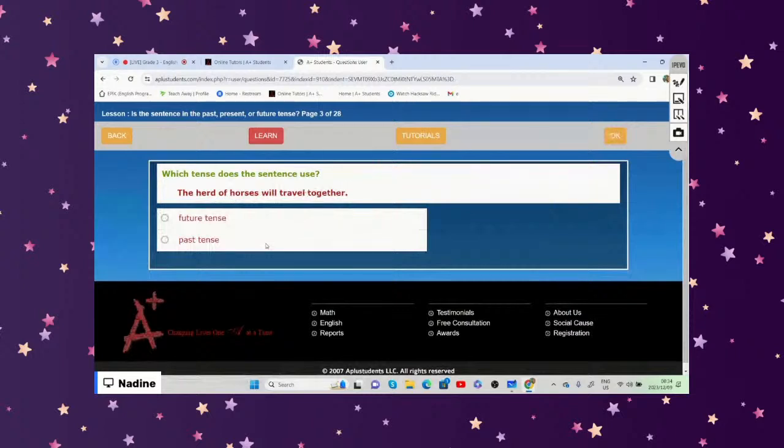So well done. The herd of horses will travel together. Is that future tense or is that past tense? The herd of horses will travel together.